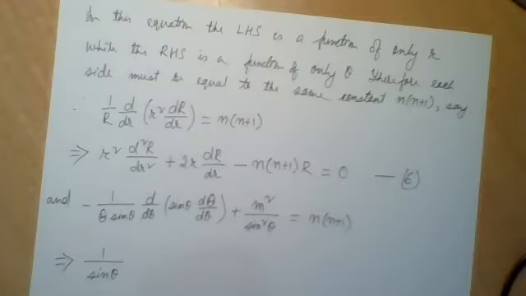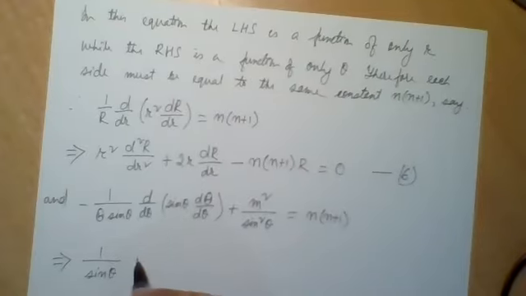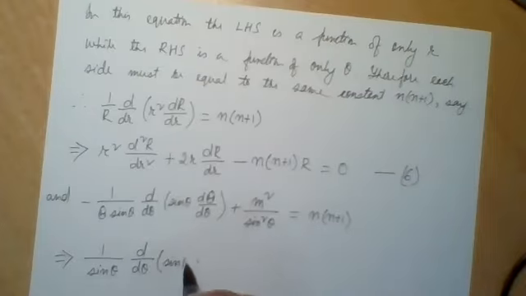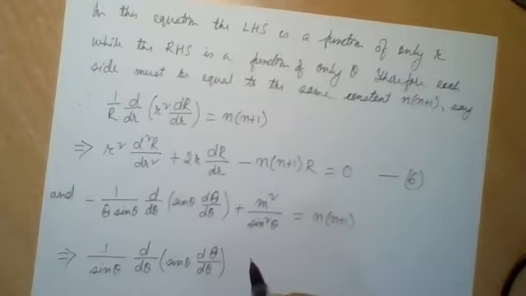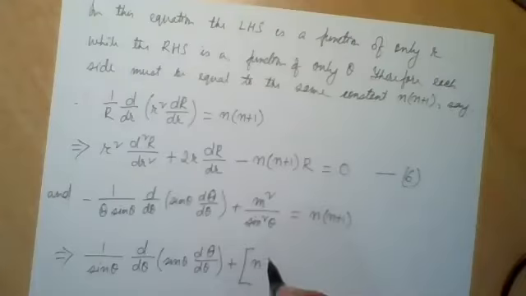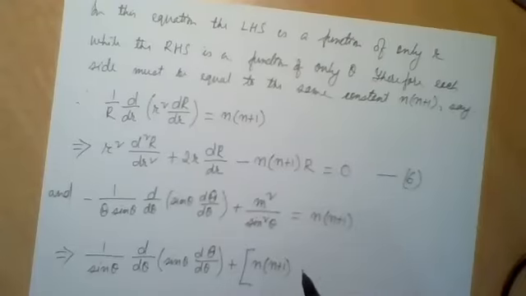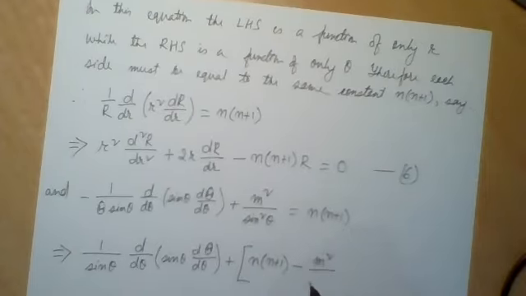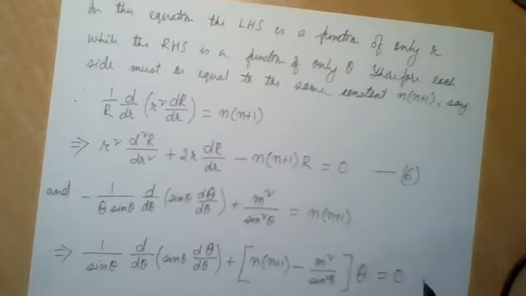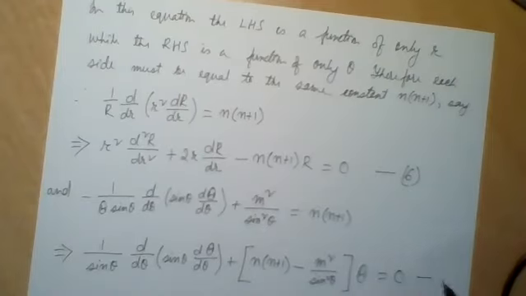So that is 1 by sine theta d by d theta of sine theta d capital theta by d small theta, then we have plus n into n plus 1 minus m square by sine square theta, times capital theta. This is equal to 0. Let us call this equation number 7.